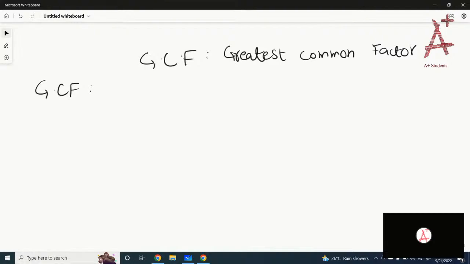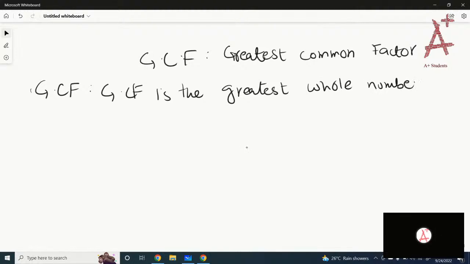So GCF is the greatest whole number that is a factor of each of two or more numbers.